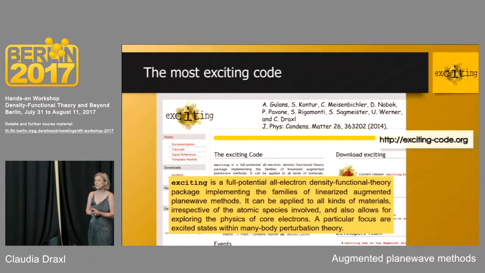And so that means that you can describe any system. You don't need to think about whether one or the other species, heavy atoms or whatever, would be treated well. You can just do it, and you can even treat all the electrons down to the 1s state on the same footing. We have also a very strong focus on excited states, but this is what I'm going to talk about, I think, next week, and you will hear about this later.